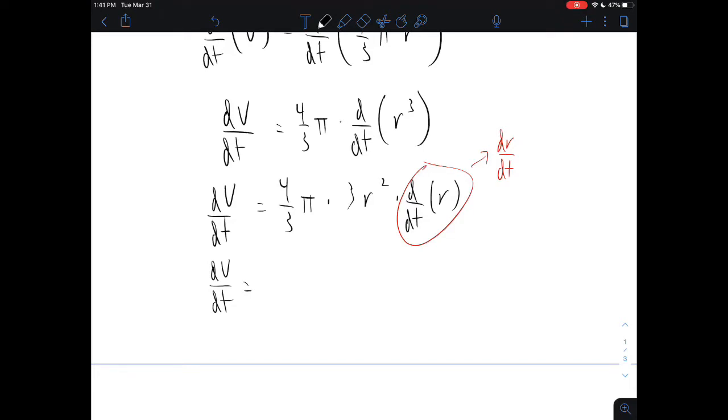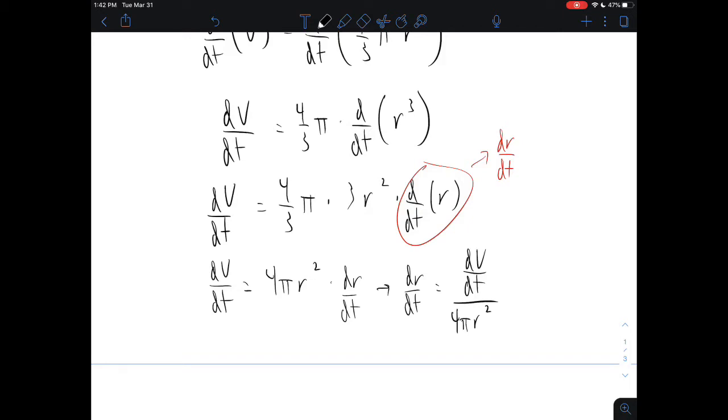That's just going to turn into 4 pi r squared, because the 3's would cancel out, and then times dr/dt. And since we just want to solve for dr/dt, this means I can take dV/dt, the derivative of the volume with respect to time, and just divide it by 4 pi r squared.